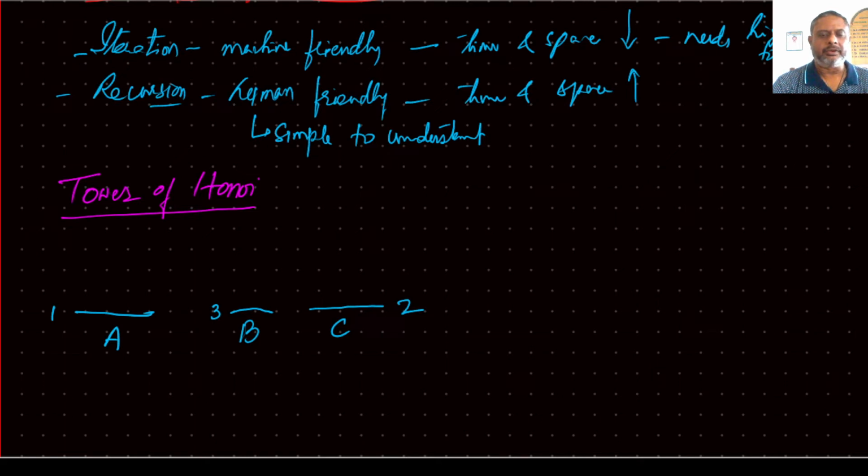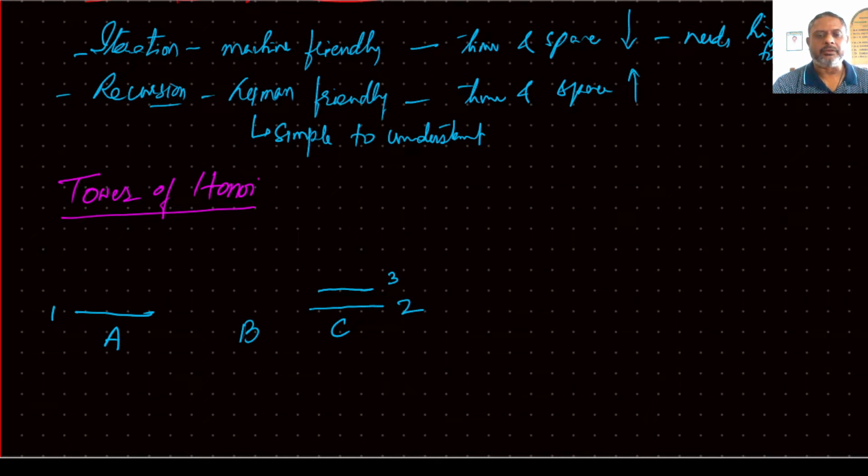Now I cannot put it on B or on C because 3 and 2 are there, which are already smaller than 1. So we can't move slab 1. Yes, we need to make sure that slab 1 goes into B. So make a free space in B by shifting slab 3 over to C.